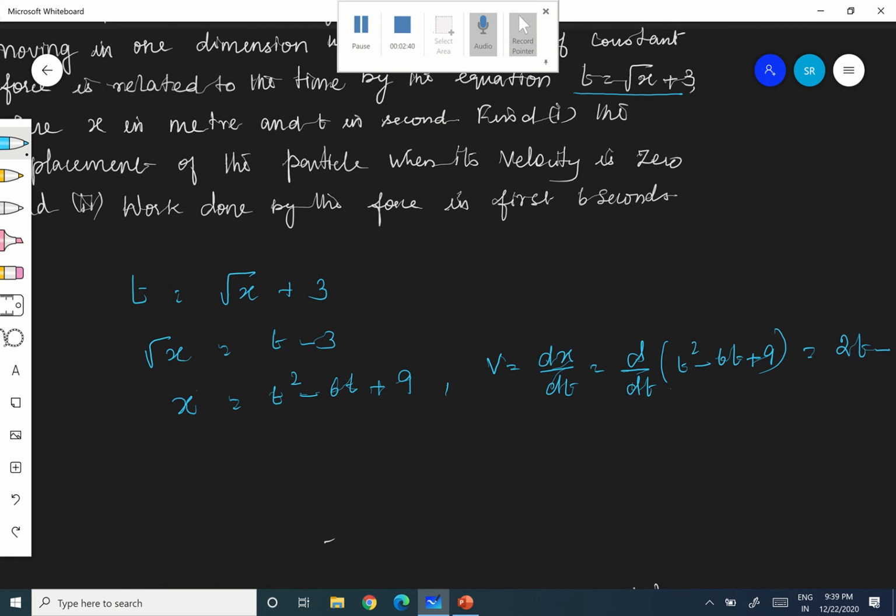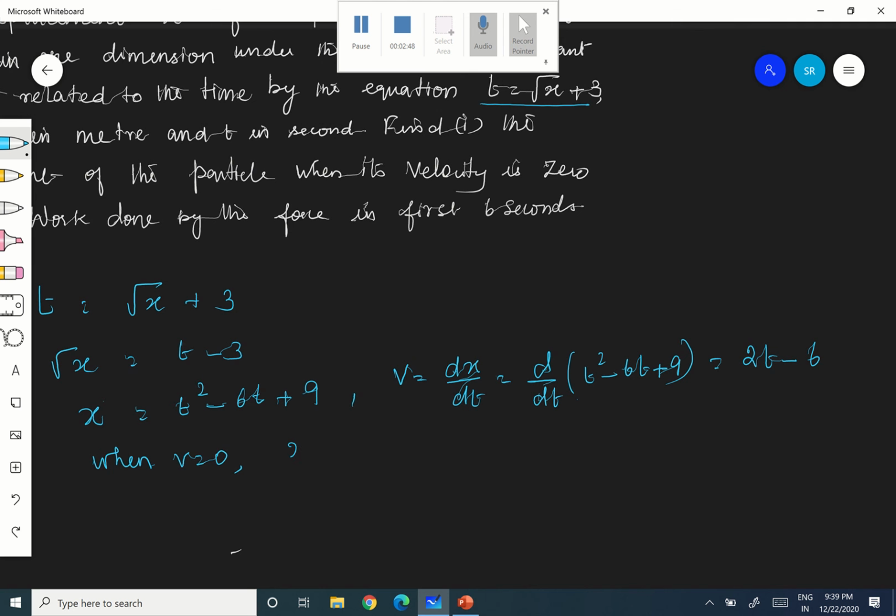When v = 0, 2t - 6 = 0, therefore t = 3 seconds.